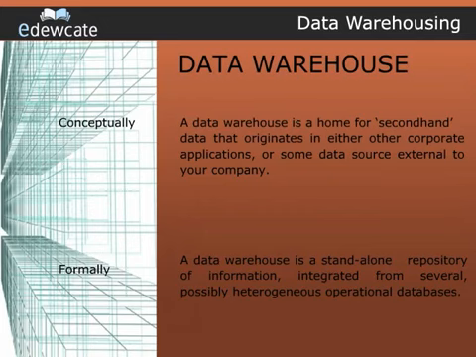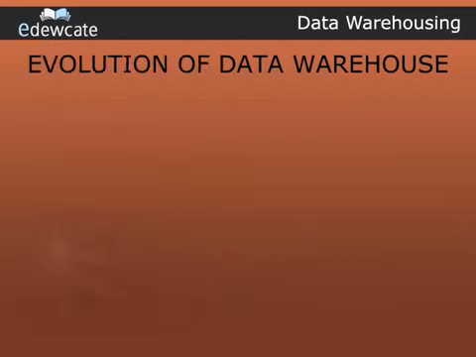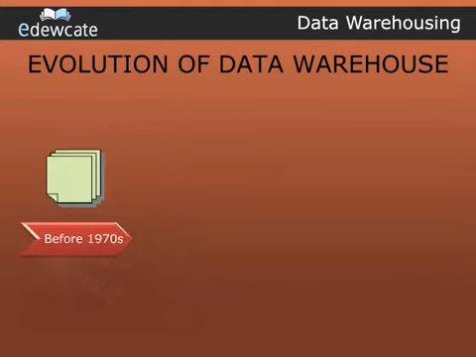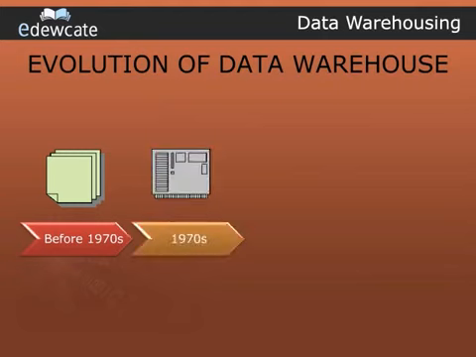Now, how did data warehousing come into existence? Let us take a look at the history of data warehousing in order to understand its evolution. Before 1970, data storage was paper-based. There was no automated system available then. In the 1970s, to a very small extent, the key elements of mainframe data were copied to tape and loaded to files.